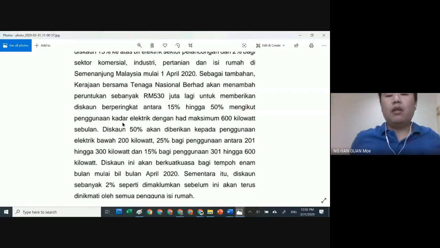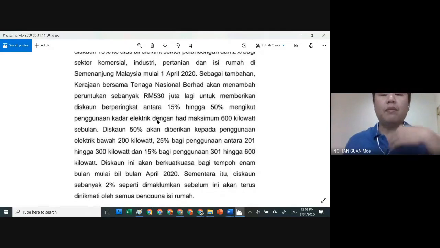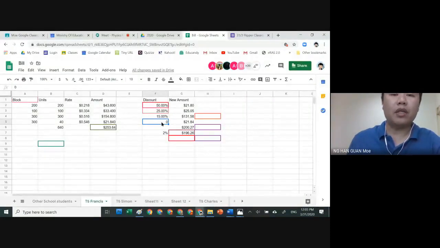So only for those who apply for maximum up to 600 kilowatt hours, you can get the tiered discount from 50 until 15. So for those above 600 kilowatt, you cannot get any more discount. That's why it's a 0 here.